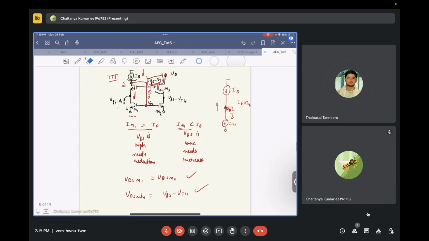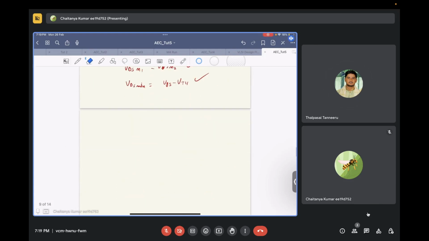So let's take circuit 3 only for our analysis. This voltage is 2 VGS minus VTH, and here we have connected it.